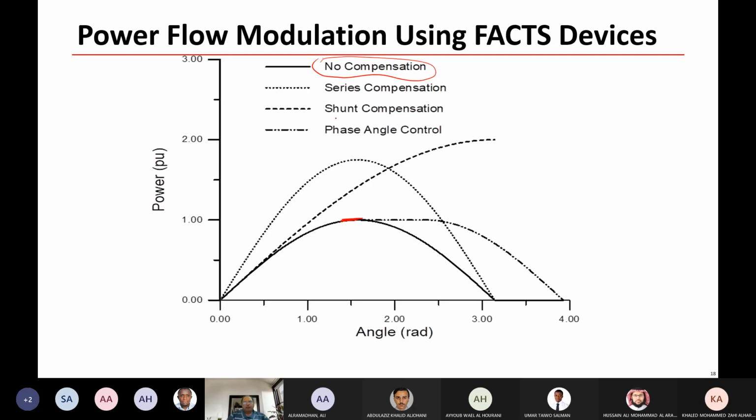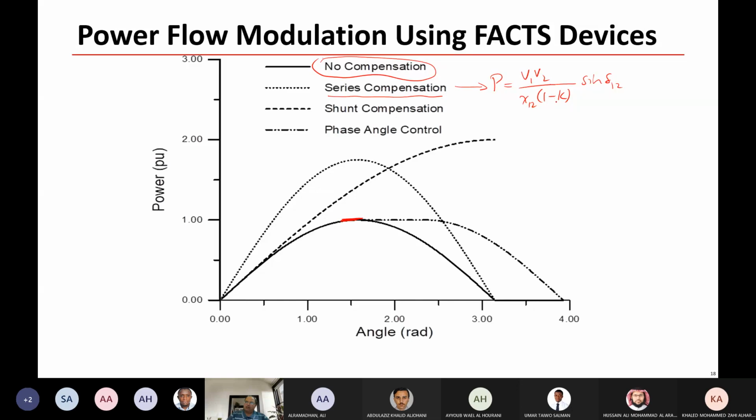If we have series compensation, P equal to V1 V2 over X12 times 1 minus K sine delta 1 2. So this is the series compensation with the thyristor controlled series capacitor. K is the compensation level.